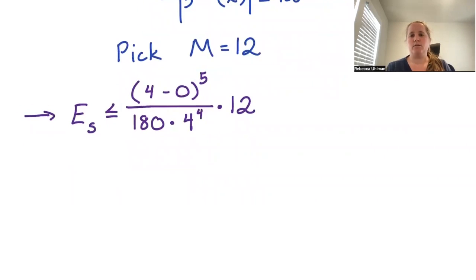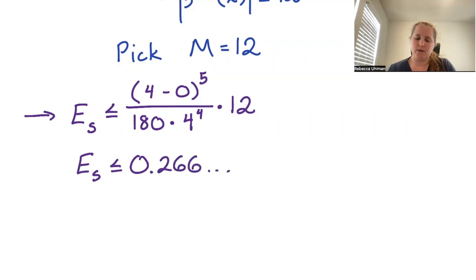And plugging this into a calculator, we wind up getting that our error is less than or equal to 0.266 repeating.